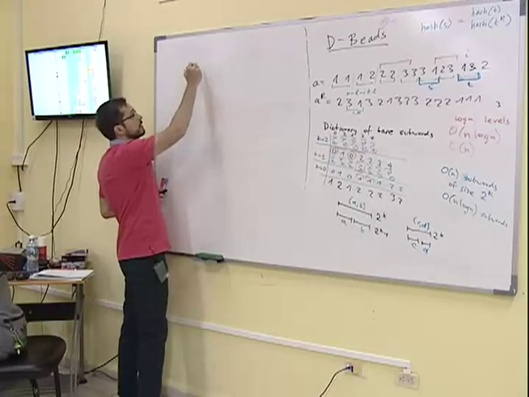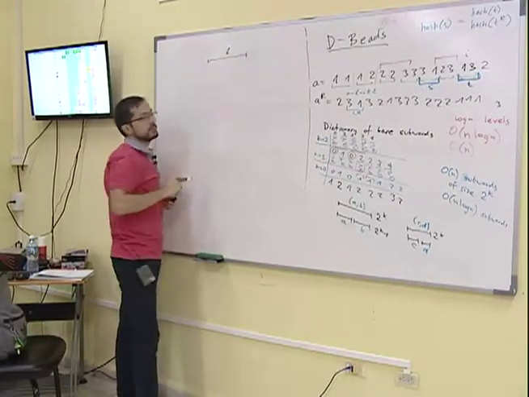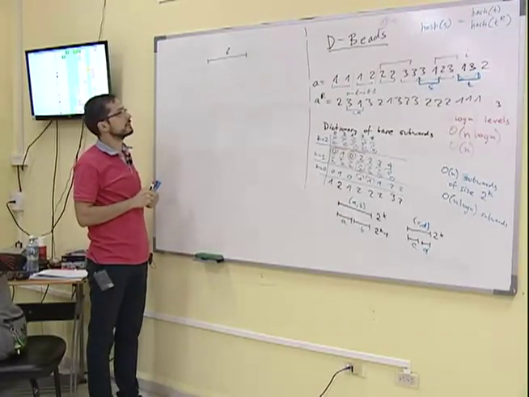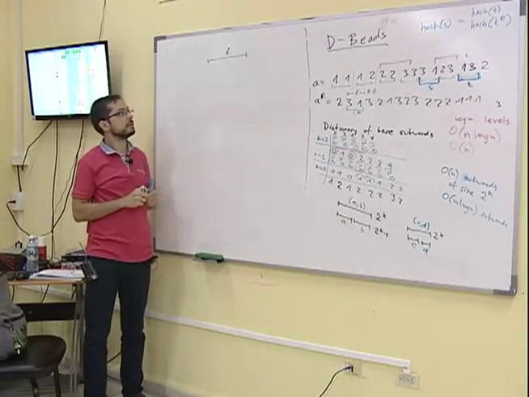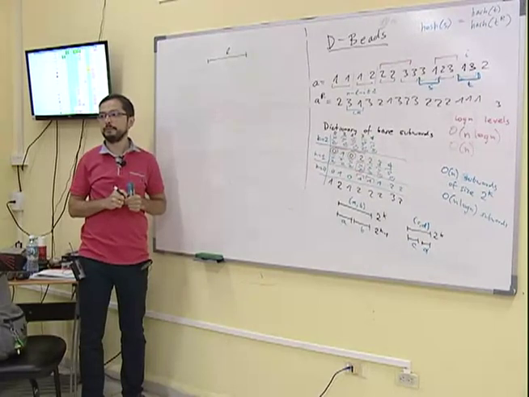So how can we do this? If we have some substring of length L, we'll just cover this substring with two subwords of length equal to a power of 2.